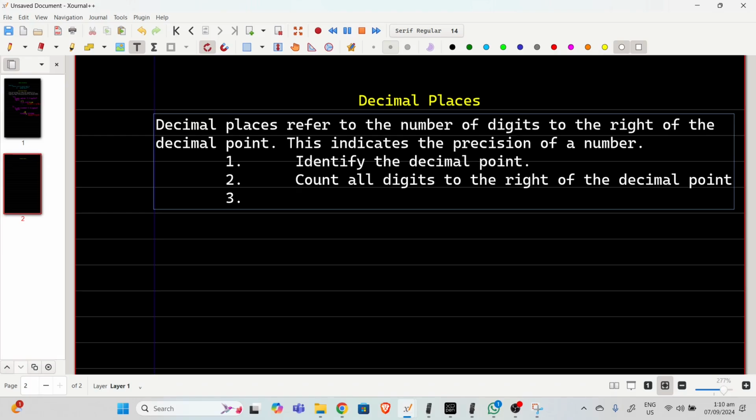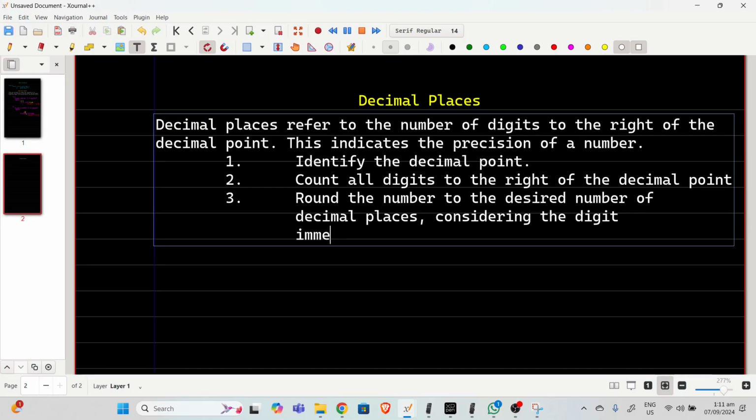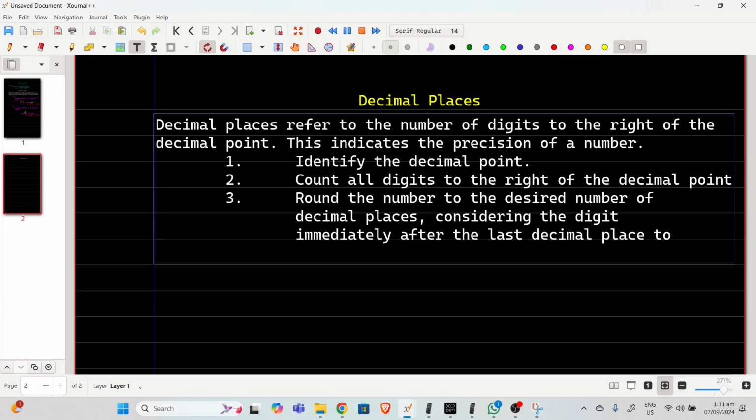And then round the number to the desired number of decimal places, considering the digit immediately after the last decimal place to determine if you round up.